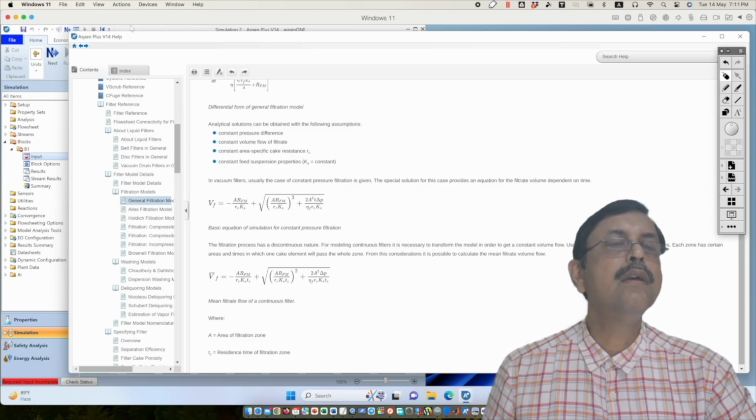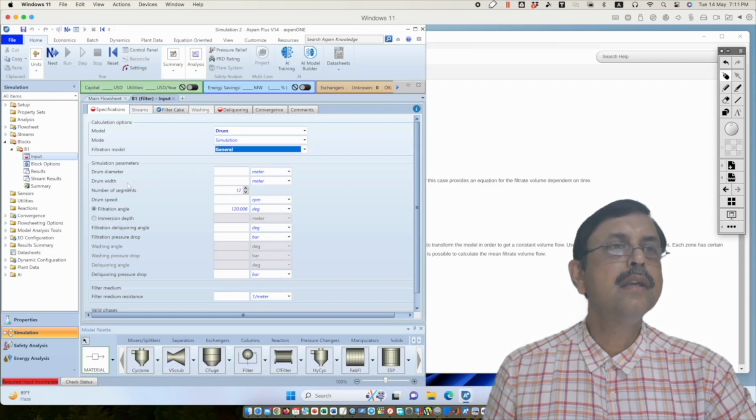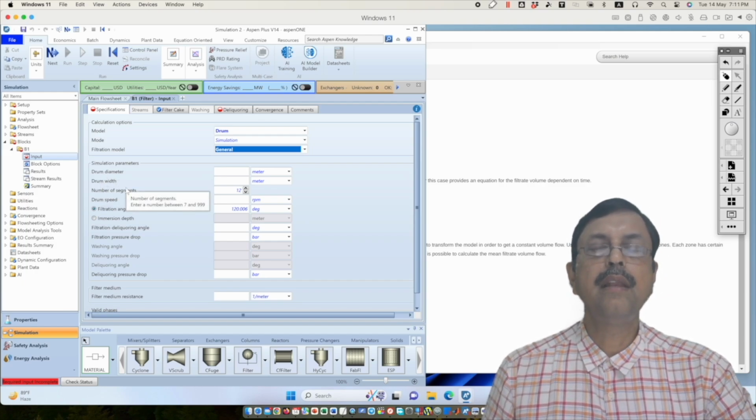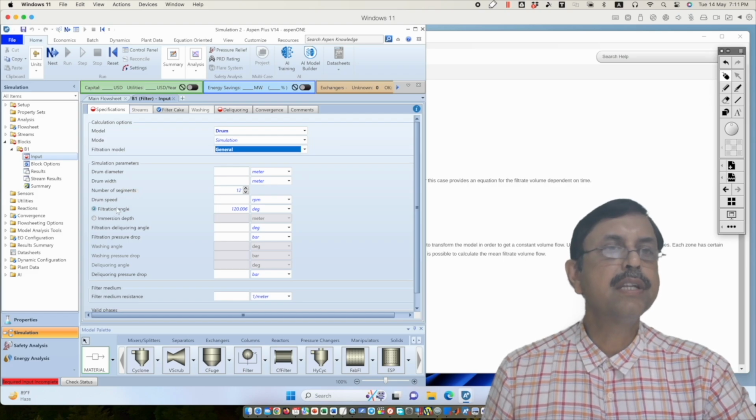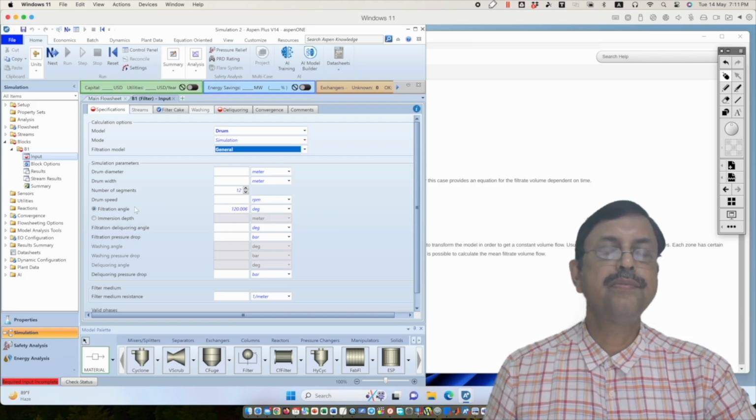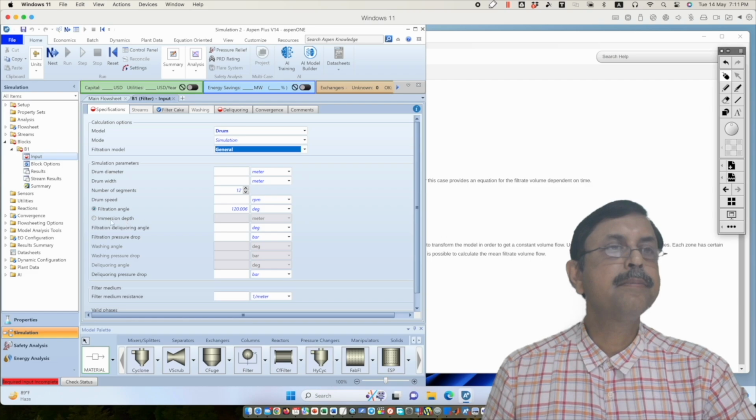and while calculating it, you have to provide the drum diameter and drum width, which will calculate the area of filtration, the number of segments, and the drum speed. Based on the drum speed, the cake thickness will also be calculated.